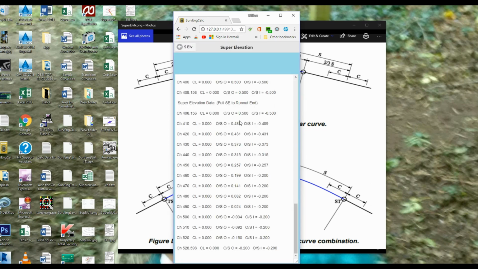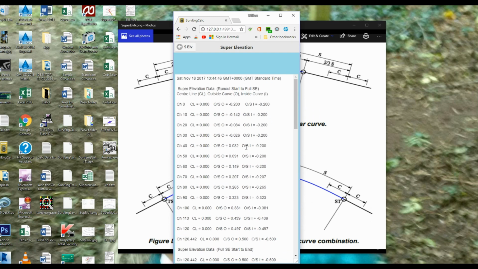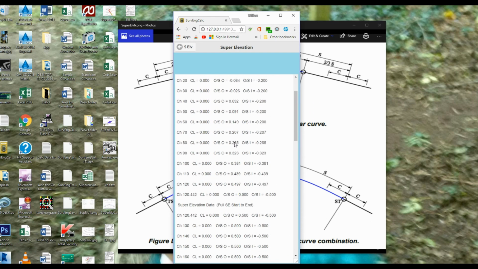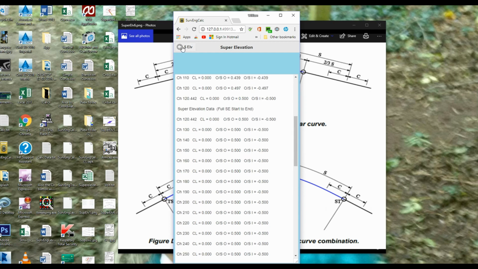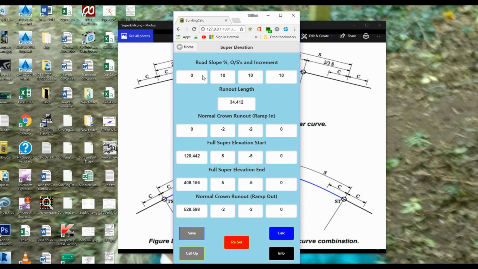So basically, that's it there. At 10-meter intervals, all your levels calculated out. And obviously if you're going to change this, I'll do a reset, call up. You're going to change the road slope.